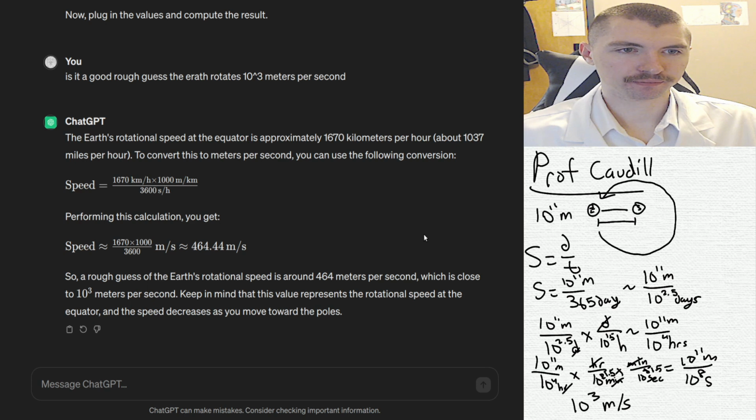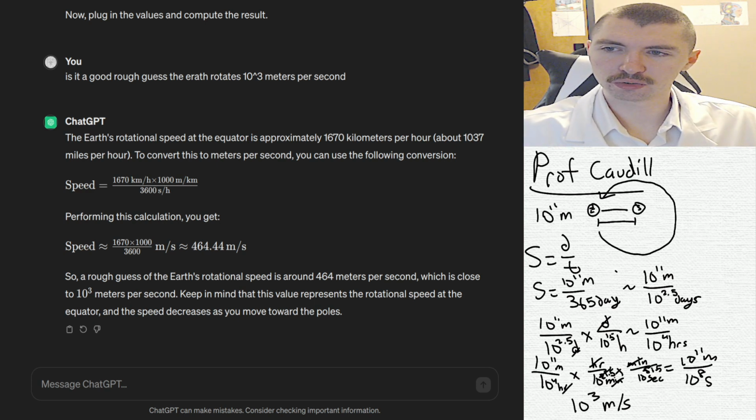Okay. I'm trying to think how we could have gotten a better estimate. We're off by half an order of magnitude. So I would have just kept these 2s.